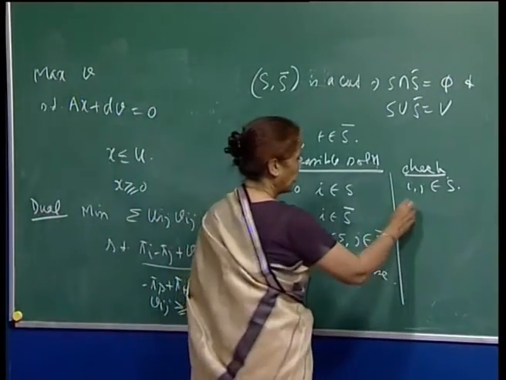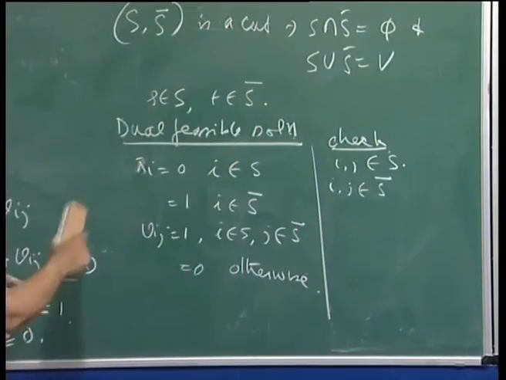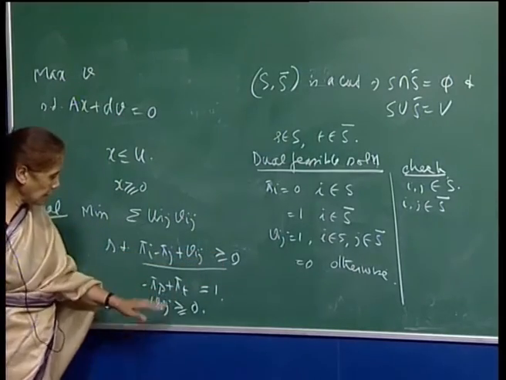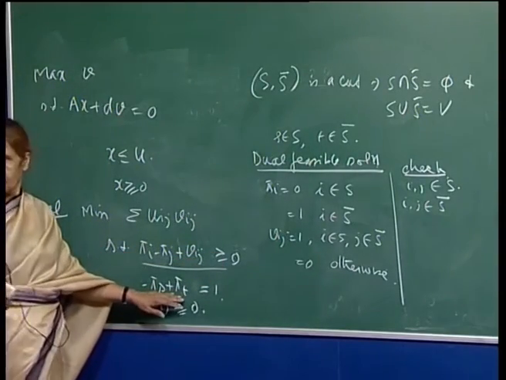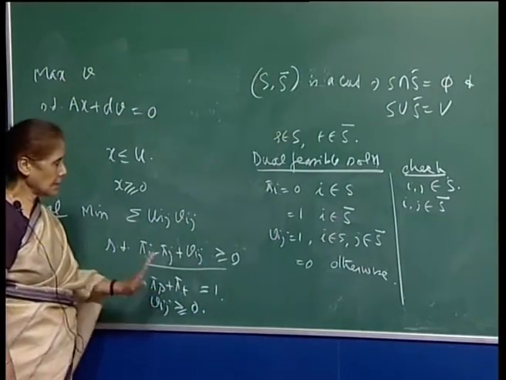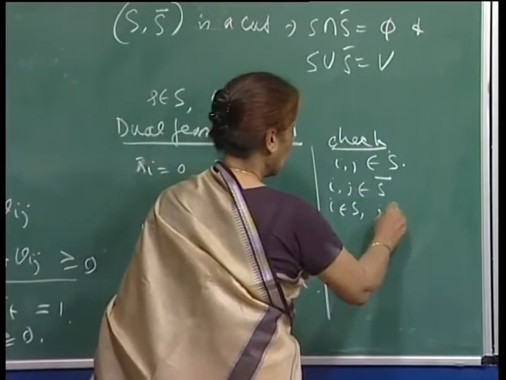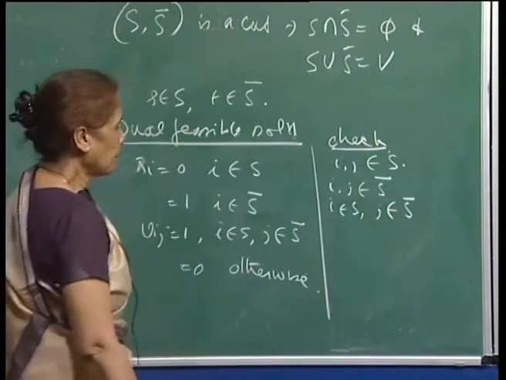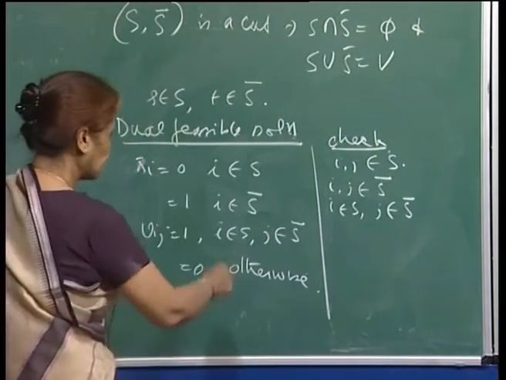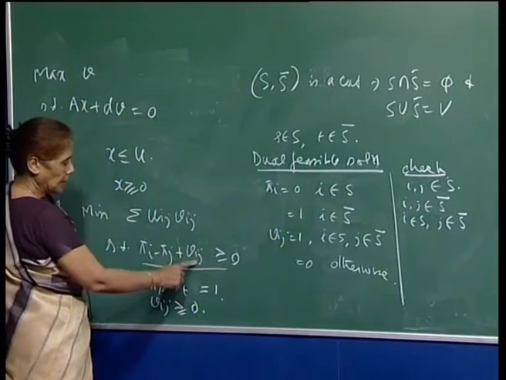Then if i and j both belong to S bar, then both are 1, so this is 0, this is 0, again this is satisfied. This will continue to be satisfied because s is in small S and t is in S bar. Then you have the case i belongs to S and j belongs to S bar. So, pi i is 0, pi j is 1, so minus 1, but Vij is 1.